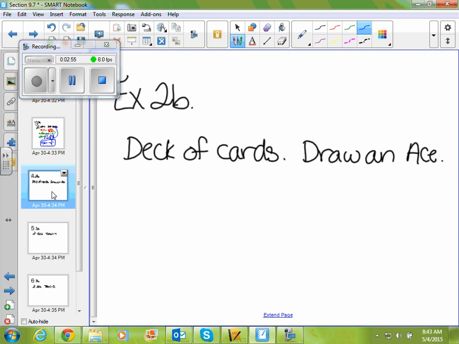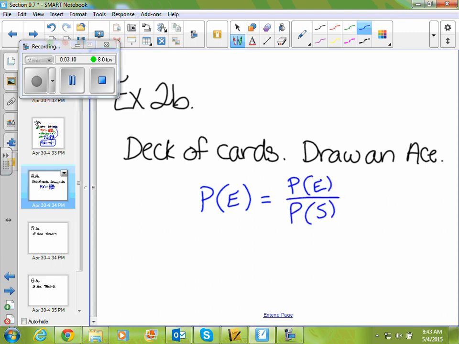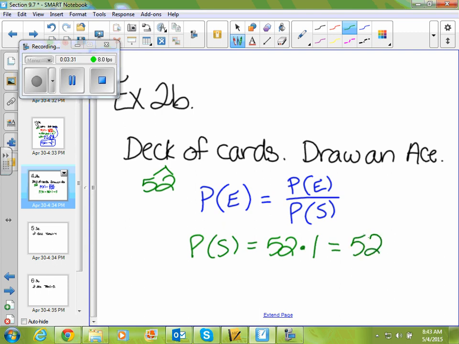Okay, so if I look at example 2b, I have a deck of cards and I want to know the probability that I draw an ace. The probability of an event is my equally likely outcomes divided by my sample size. My sample size deals with my options. I have 52 cards in a deck, and I'm dealing with only one deck. So 52 times 1 is 52.